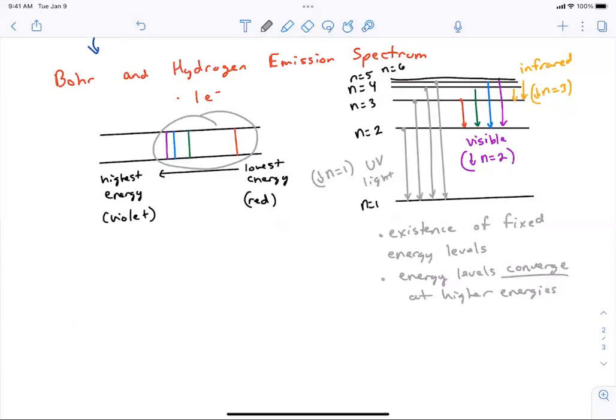Right. So that's a little bit different here, because the light that's given off is based on the difference in energy between the levels, right? The biggest difference between two levels is n equals 2 to n equals 1. So that jump is so much energy, it's categorized in UV. No matter what jump you go down to 2, that amount is still less than the jump between n equals 2 to n equals 1.